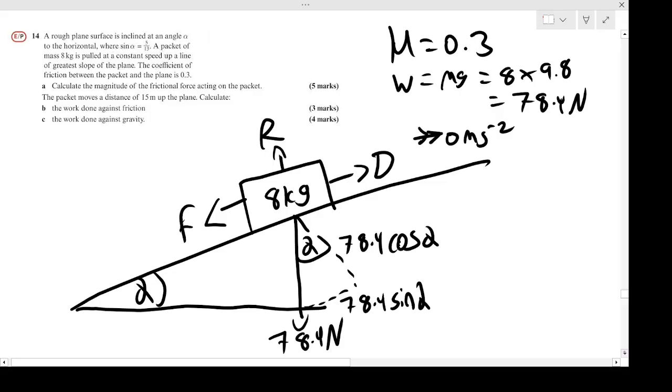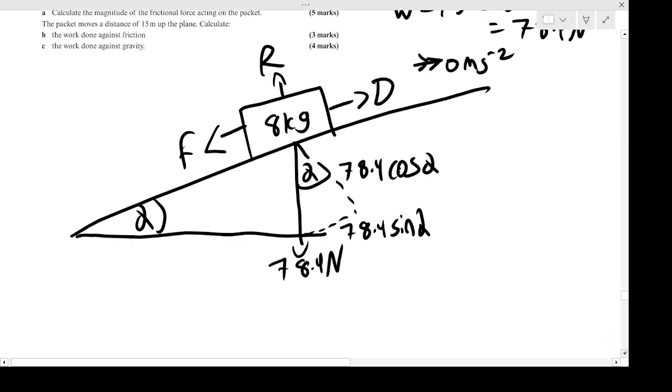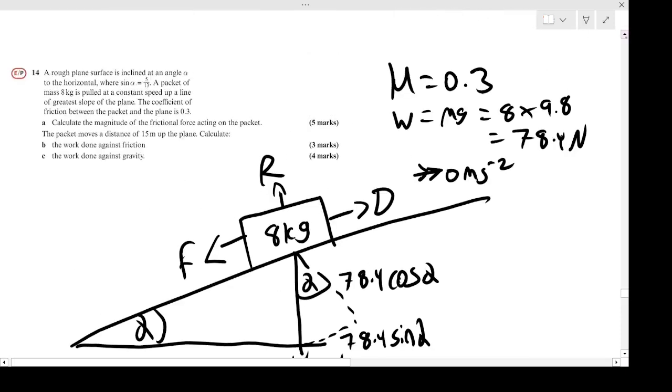So we need to work out the friction force. Well, we know what the mu is, right? The coefficient of friction.